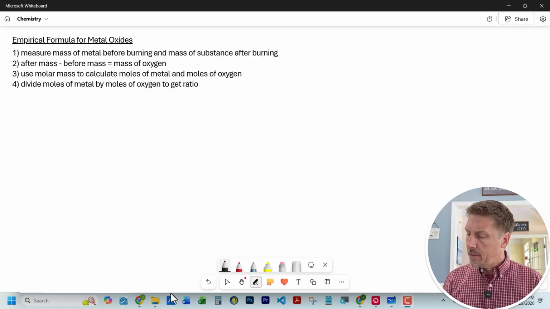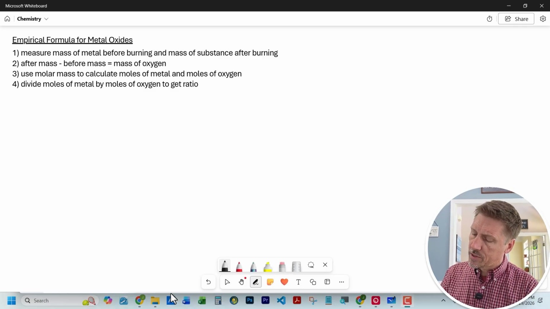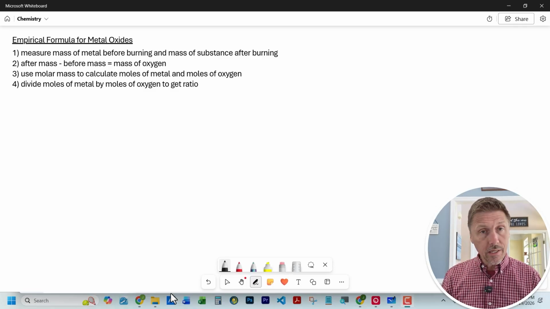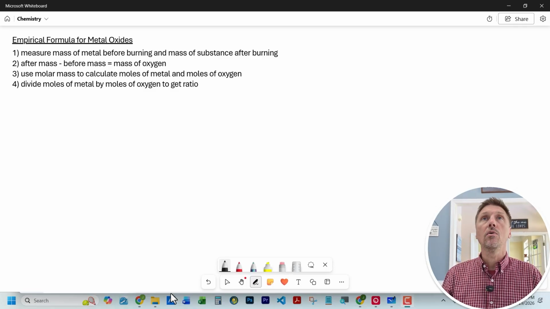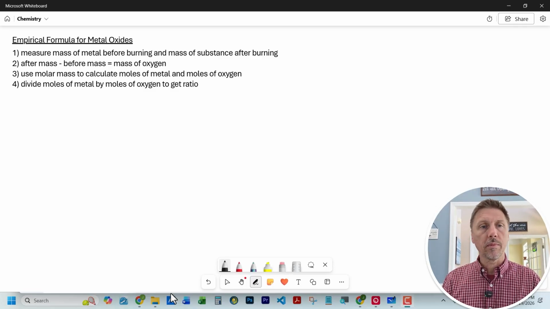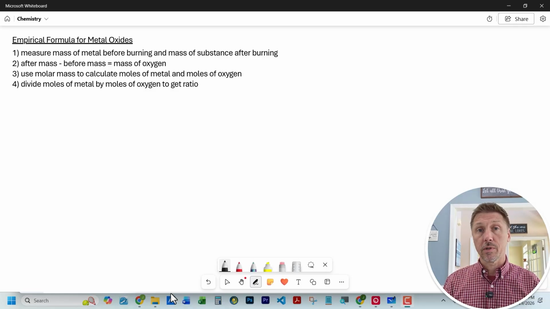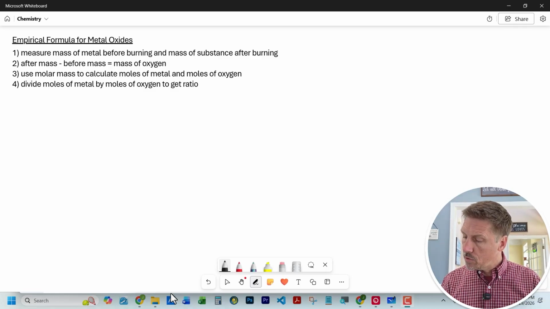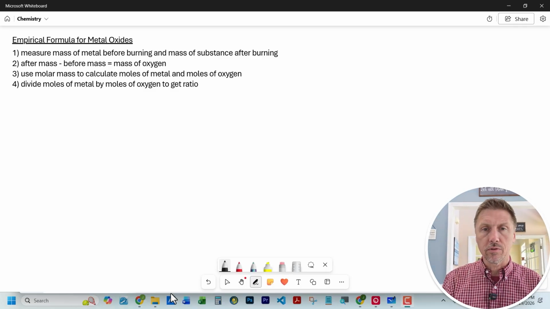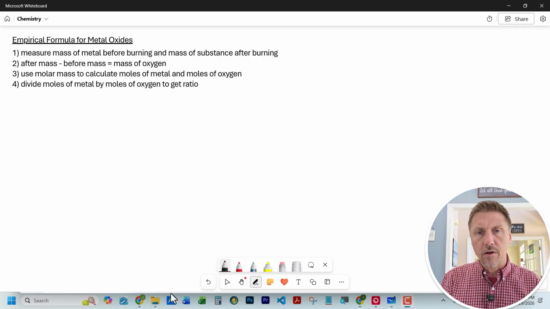And that particular problem says a chemist is burning 15 grams of zinc in excess oxygen. So we know that we're forming a metal oxide because we're combining a metal, zinc, with oxygen, right? The result is 18.7 grams of a white powder. So we're taking this 15 grams of zinc, and we're going to combine it with oxygen to burn it, right?